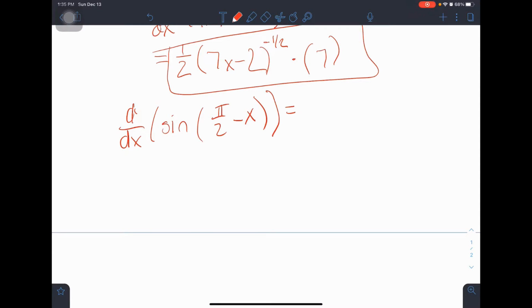Derivative of sine is cosine. And we multiply it by the inner function, and then we multiply that by the derivative of the inner function, which is negative 1. Derivative of any constant is 0. Derivative of negative x is negative 1. This would be our answer.